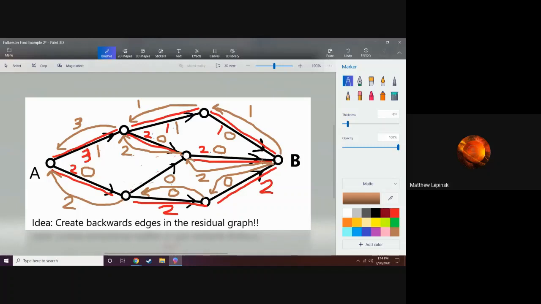And the answer is that there are no paths using this brown residual capacity to get from A to B. One way I can convince you of this is you could just run depth first search, and because there's no capacity here, no capacity here, no capacity here, you're not going to find a brown path that has leftover capacity from A to B. Also, it turns out that all of the edges into B are now fully loaded up, which is awesome.